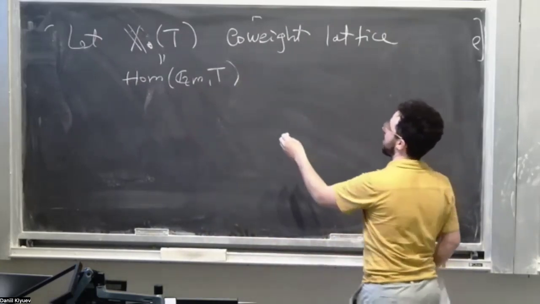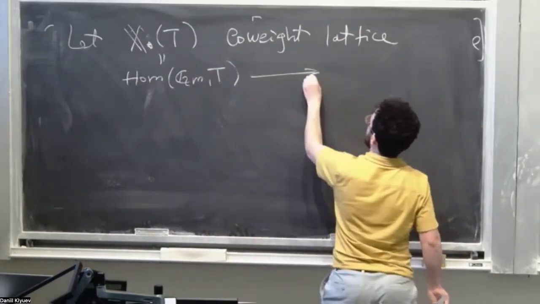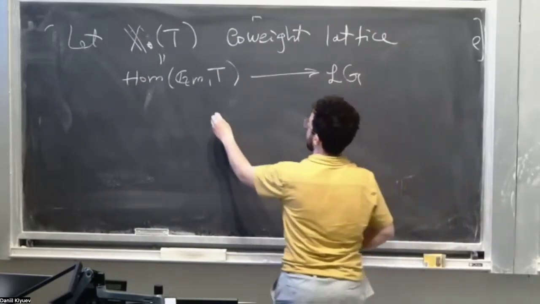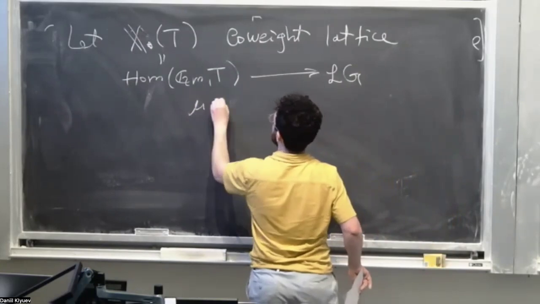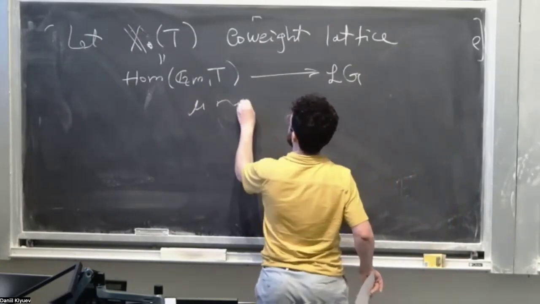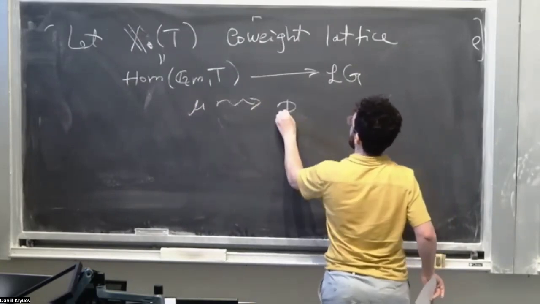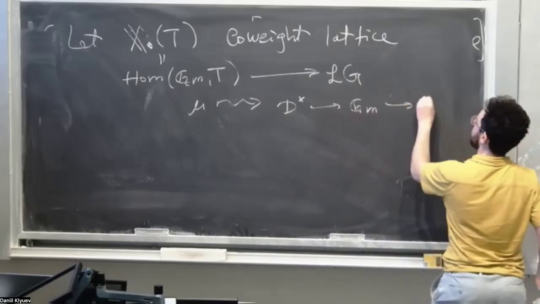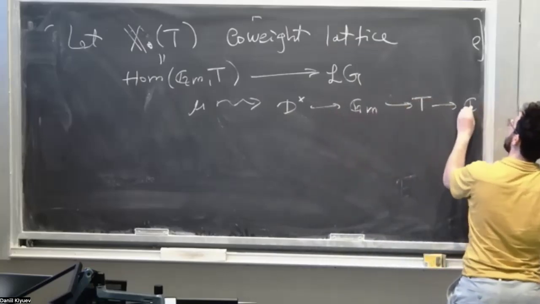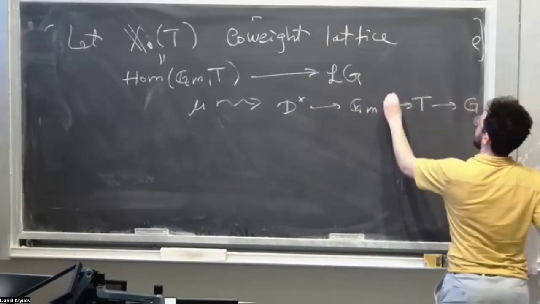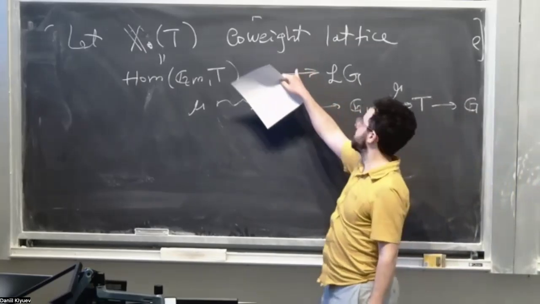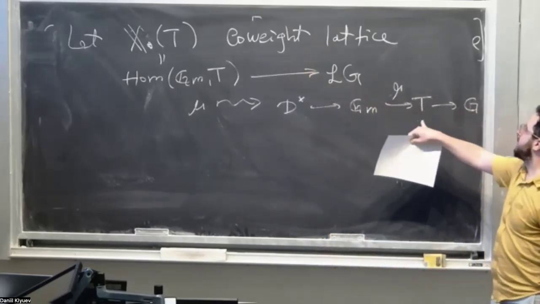If I have a map from here to loop of G, and if I have an element mu here, then I can define a map from B star to G. Sorry, this is G. So this is mu. Any element of the co-weight lattice defines an element of loop of G.